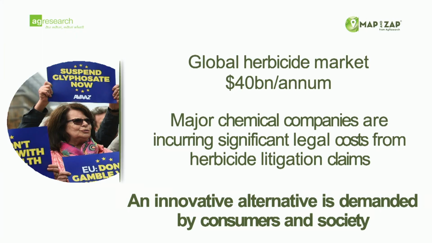MAP and ZAP is all about a sustainable weed identification and control system. The problem that we're addressing with the MAP and ZAP technology is that the global herbicide market is massive. There's a pushback on the use of chemicals and a move towards more sustainable modes of managing and controlling weeds. I think both from a production and a consumer side, there's a clear problem here to reduce the burden of weeds on horticulture and crop production.